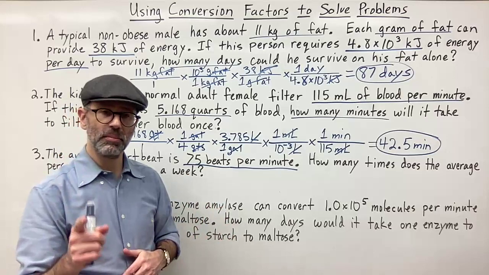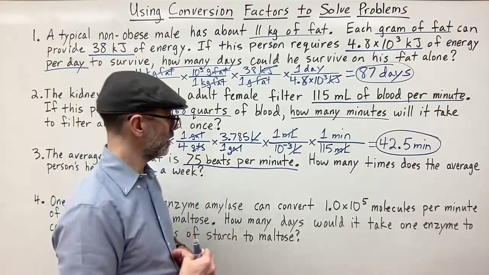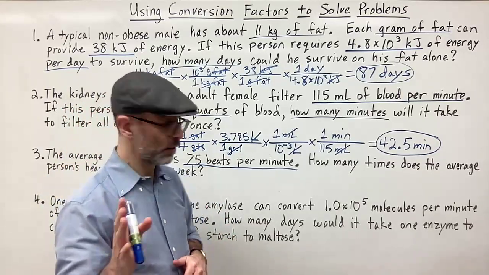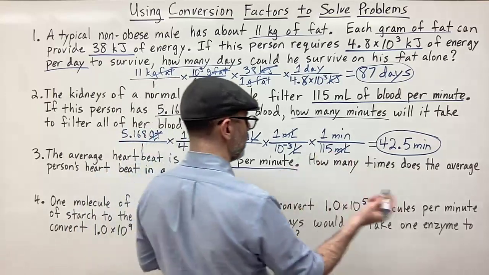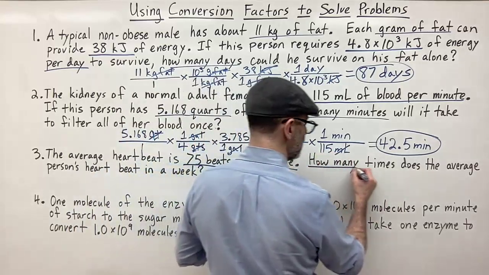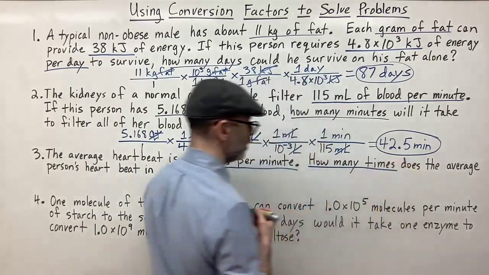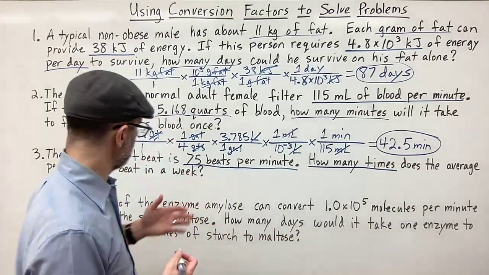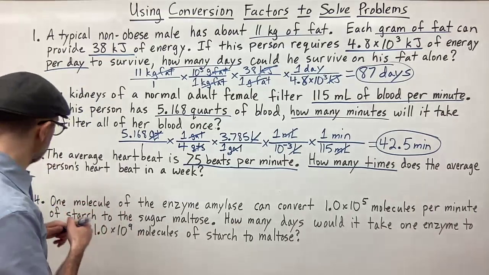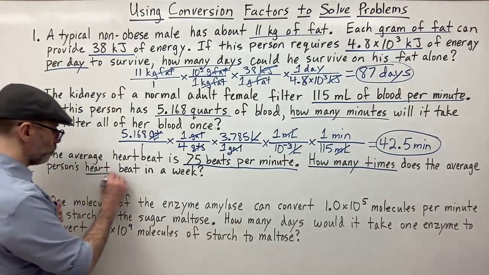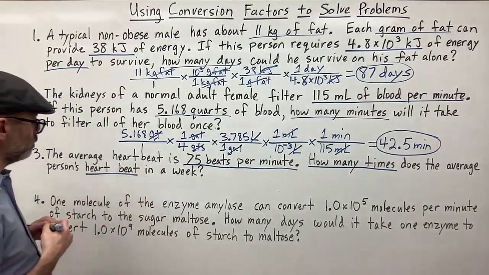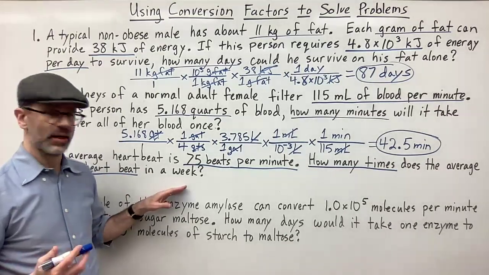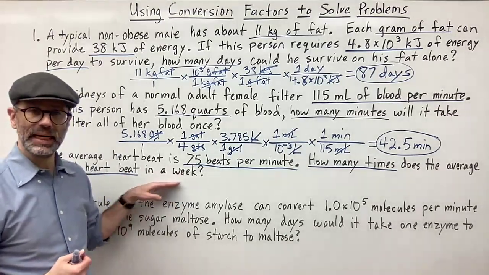The beginning of the question is the end of the problem. The beginning of the question is how many times? So we're looking for a number of times that the heart beats in what? A week.